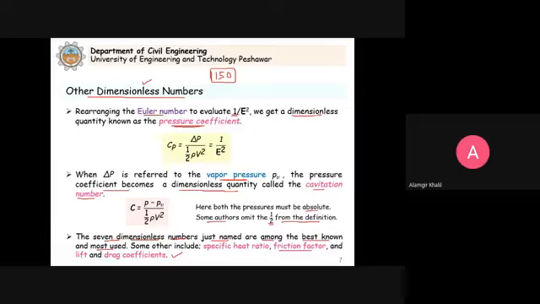So here what was given in your textbook is actually an introduction to similitude. Clear?